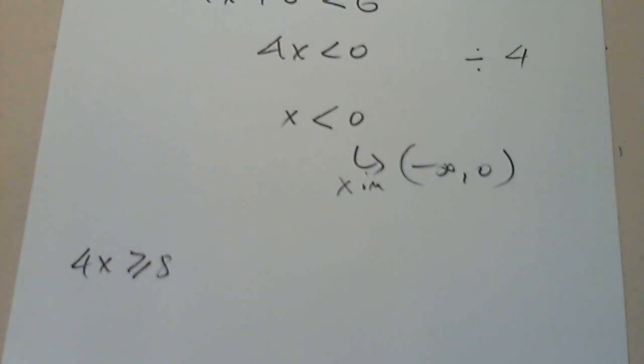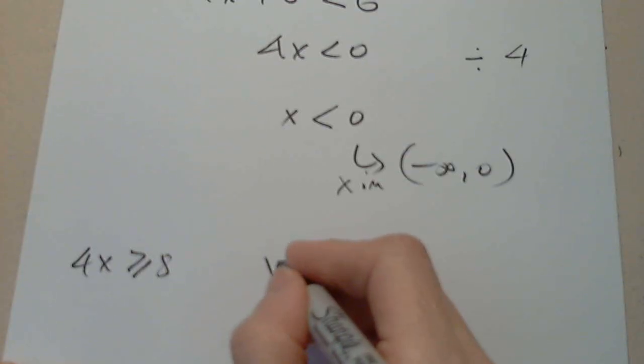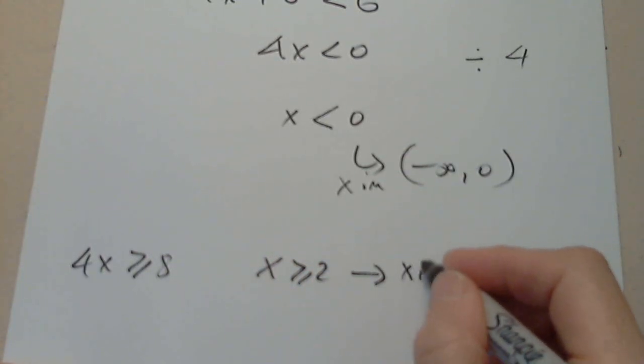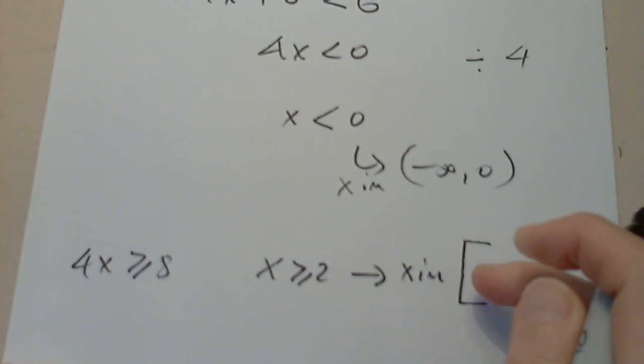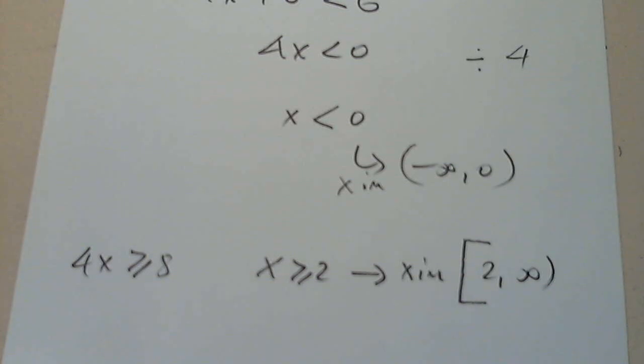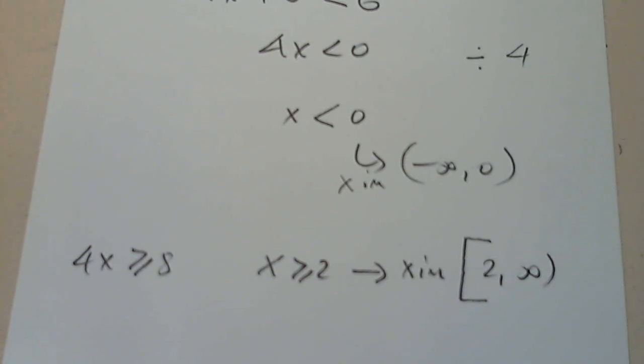What will you do to both sides to solve this inequality for x? Divide by 4? Yeah. So we have x greater than or equal to 2. How do I write the solution? x in the interval, bracket at 2, and to the right: 2, comma, infinity.